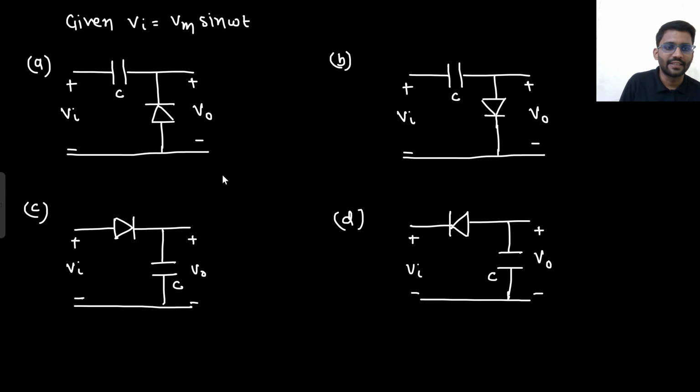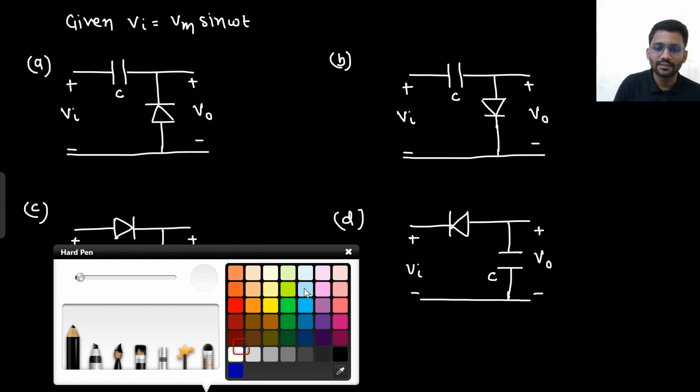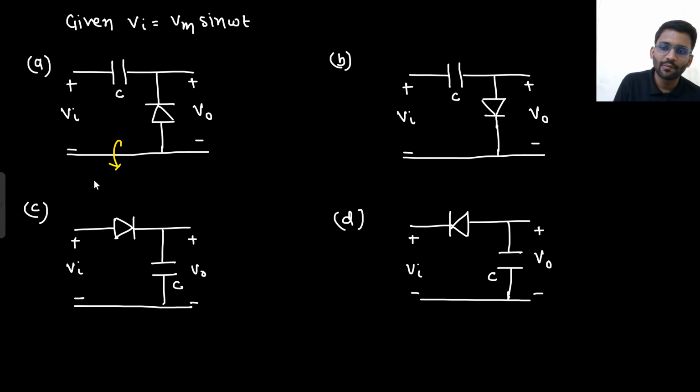So which circuit is that? That is positive clamper circuit. It will shift the waveform upward. You see the arrow, diode arrow, it will shift the waveform upward. So this is positive clamper, right?